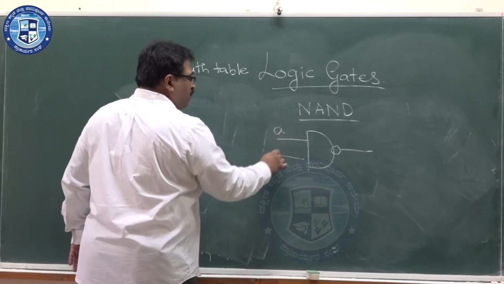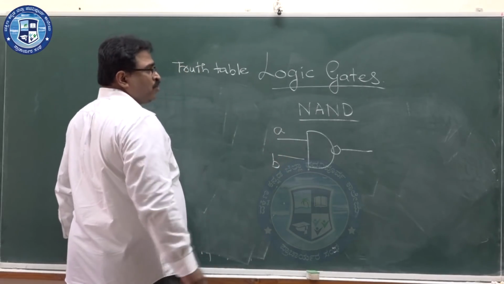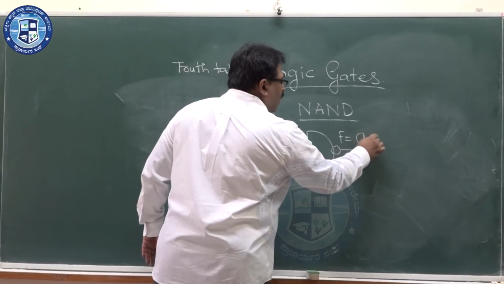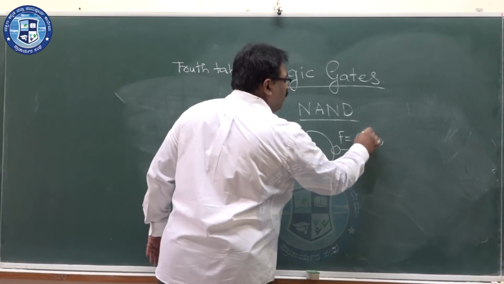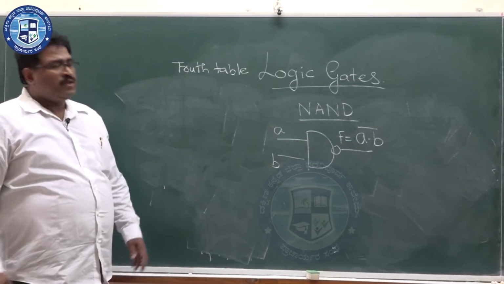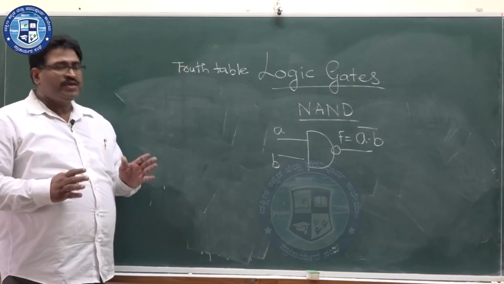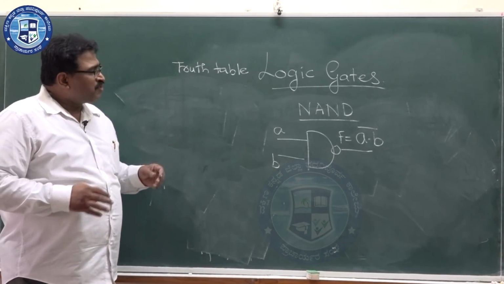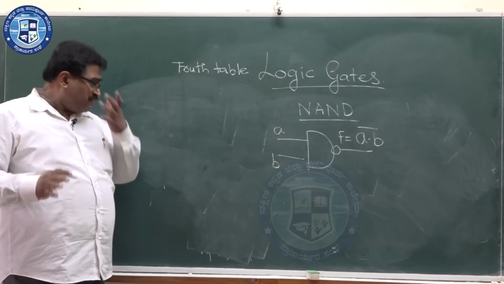So if A and B are the input, what will be your output? F is equal to A dot B the whole bar. This is the symbol we use, and this is the output expression we have. That is F is equal to A dot B the whole bar.